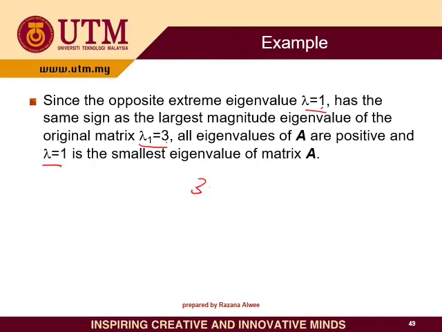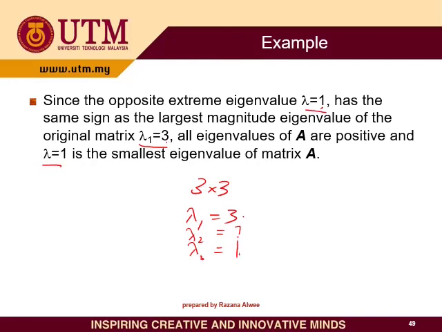Remember, we have a 3 by 3 matrix, right? So we found our lambda 1 equals 3, and we found our lambda 3, the smallest one, which is 1. So we can also find our lambda 2.